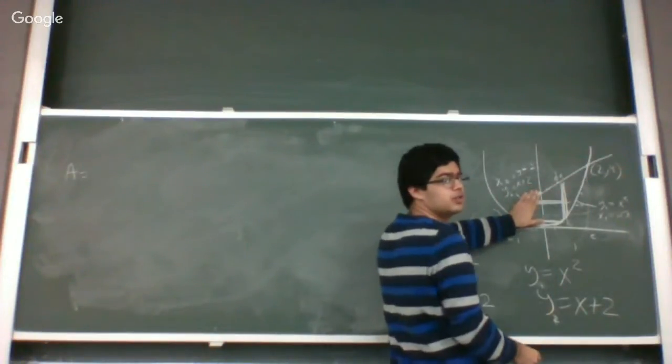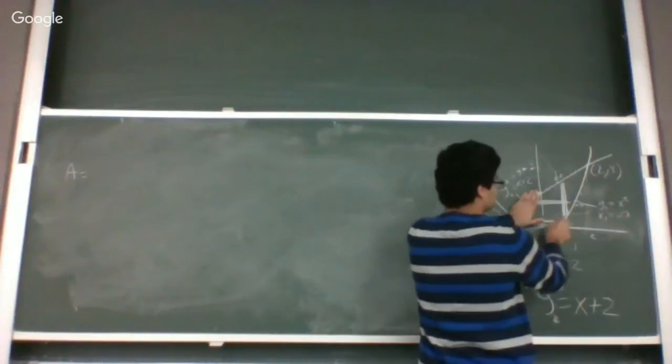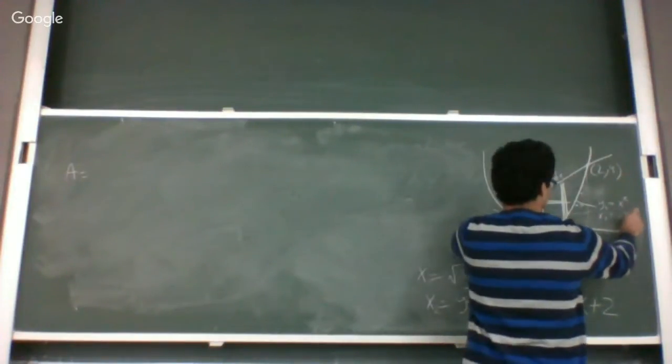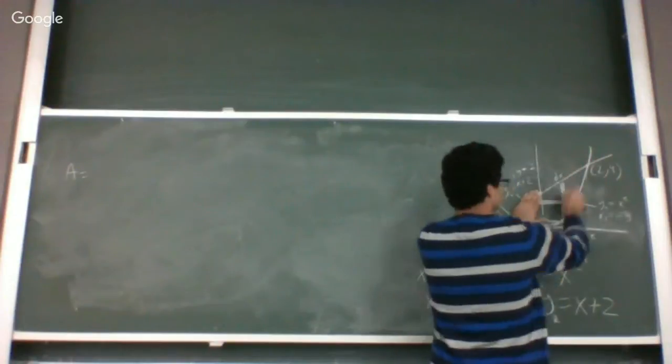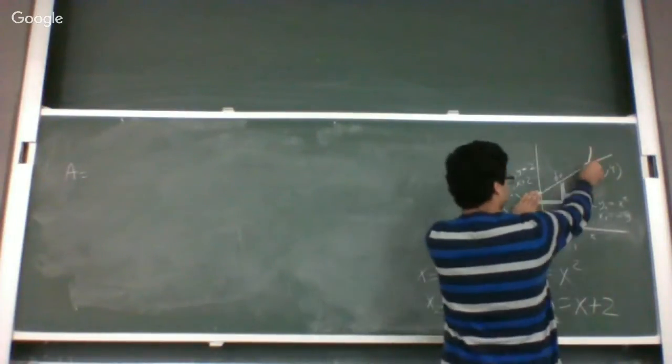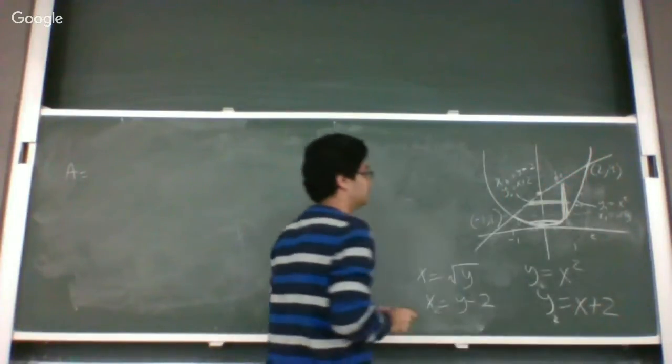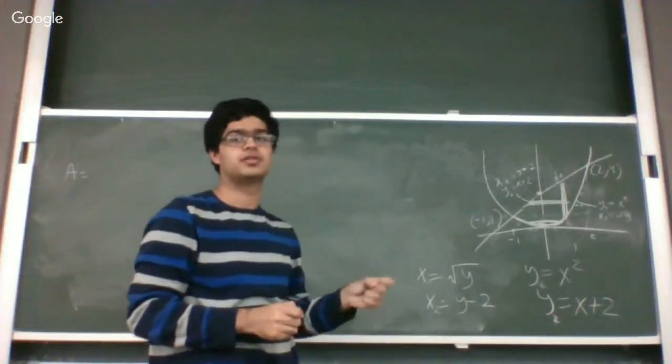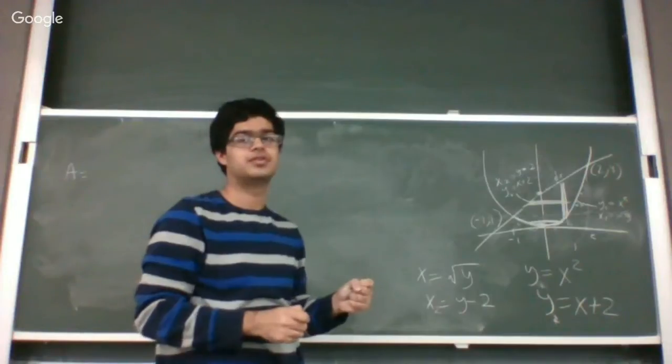If you were to take the integral of this function, square root of y, it would include everything, including the area that you don't want. So then you need to take away by taking the integral of that. By subtracting, that makes sense.